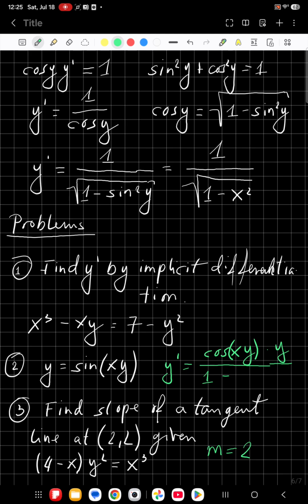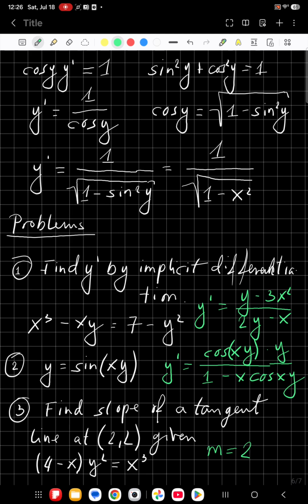And number 1: y prime equals y minus 3x squared, and the bottom is 2y minus x. So you have the answers, and I hope you get the same ones.